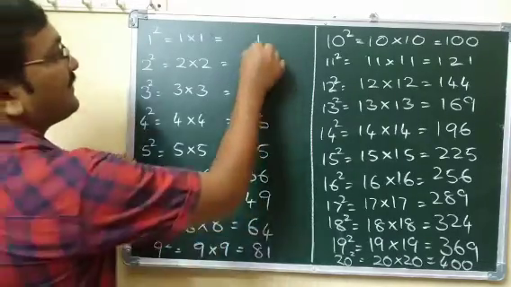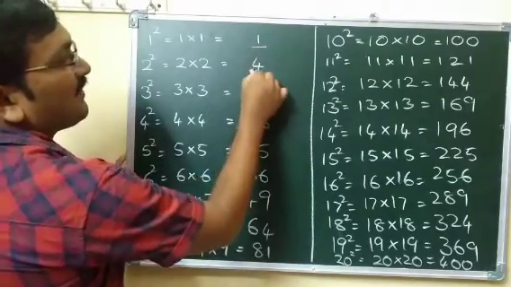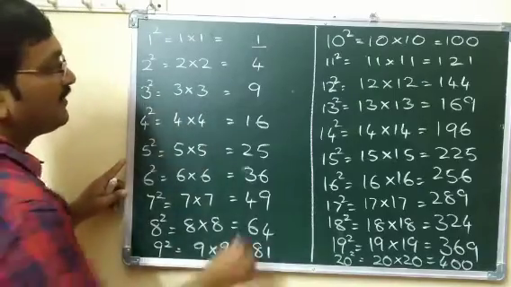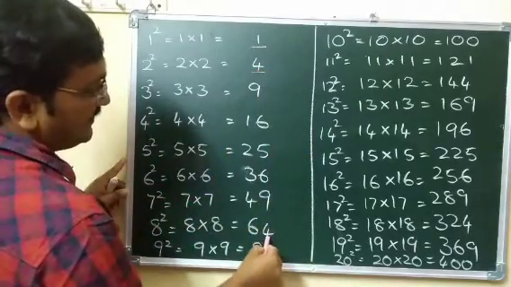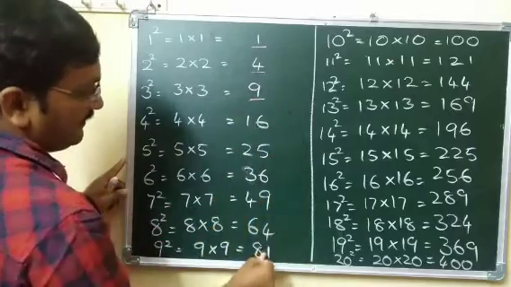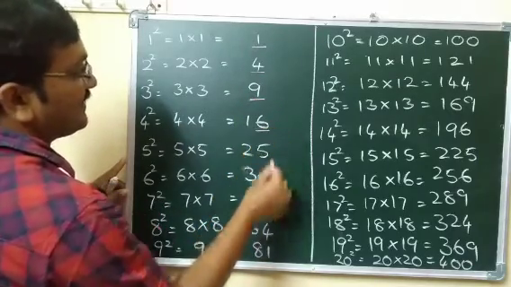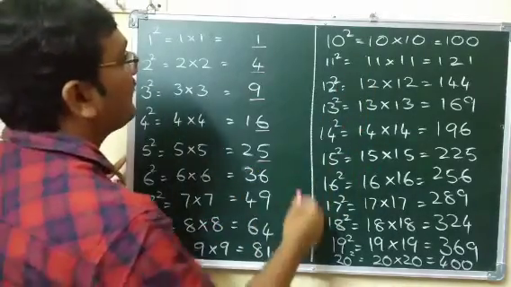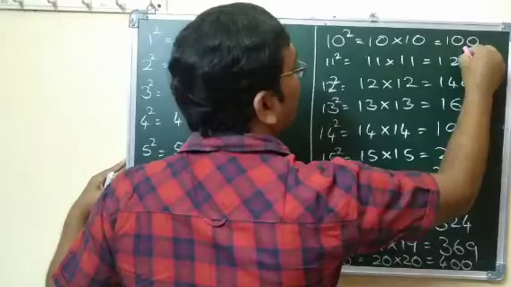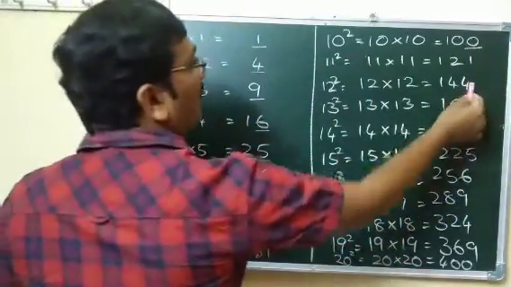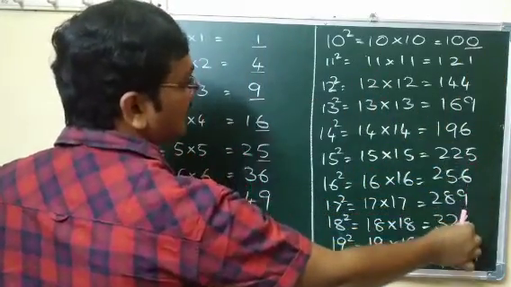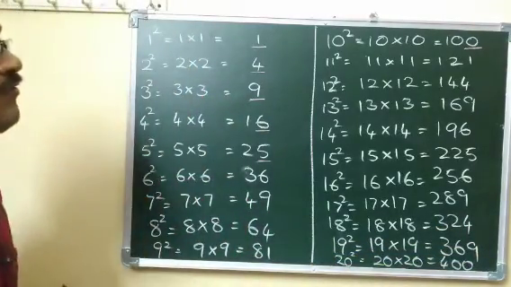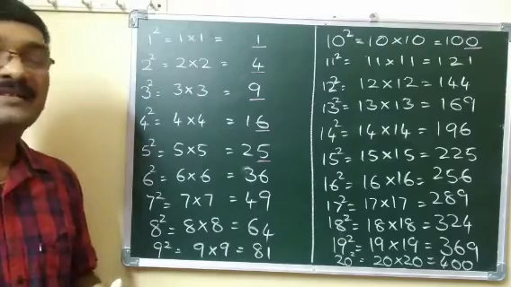See, here the unit digit is 1. Once again here 1 came, and 4, next here 4, 9, here 9, 6, here 6, 5. Here 0 is there, and 1 already came, 4 also already came: 9, 6, 5, 6, 9, 4, 6, 0. So what digits come in a square number?